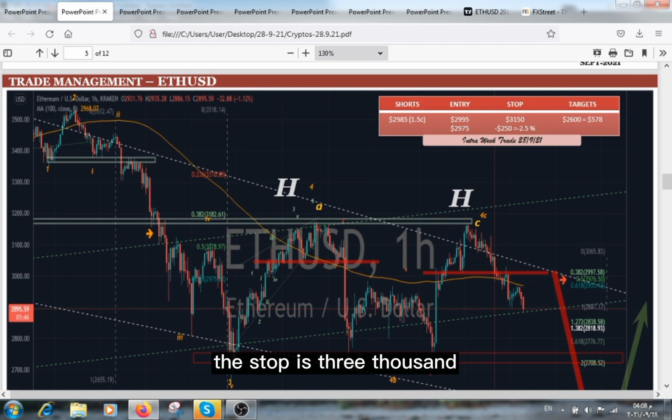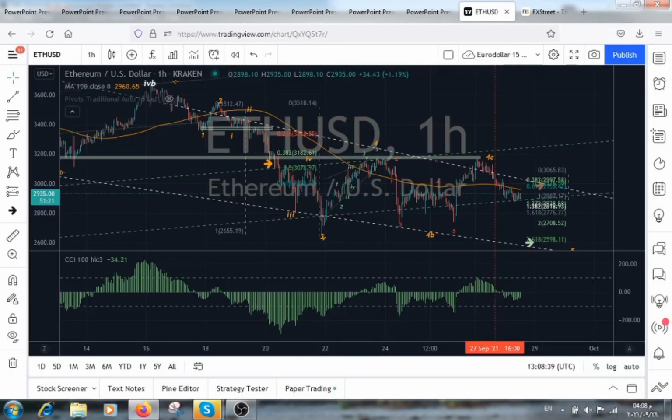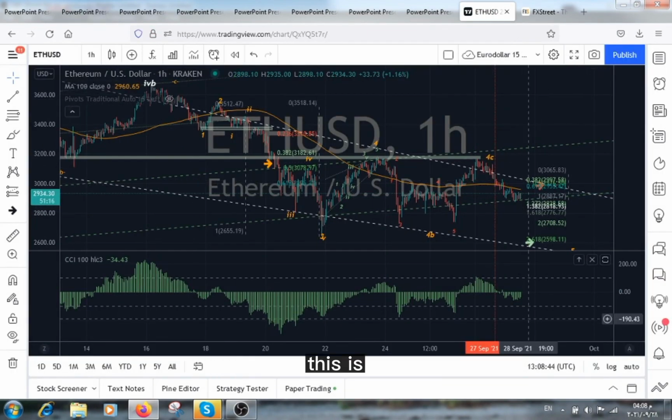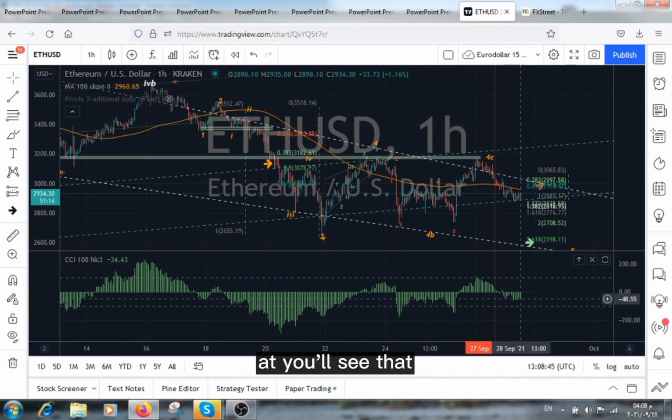The stop is 3,150. 3,150 is just above that level here at this yellow arrow. 3,100 is here, so this is going to be 3,150. Again, the target is 2,600. If we're able to implement this risk management module, we're looking at easily a 1 to 2 risk reward ratio.